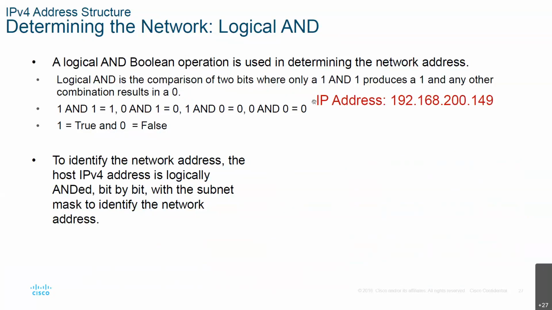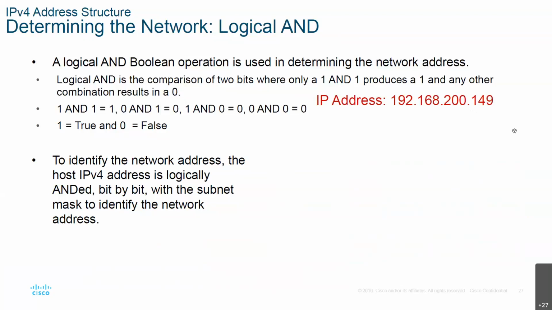Let's say my IP address given is 192.168.200.149. I've given you this IP address. Now I tell you which is the host portion and which is the network portion. You stare at me and say, excuse me, what is the subnet mask?